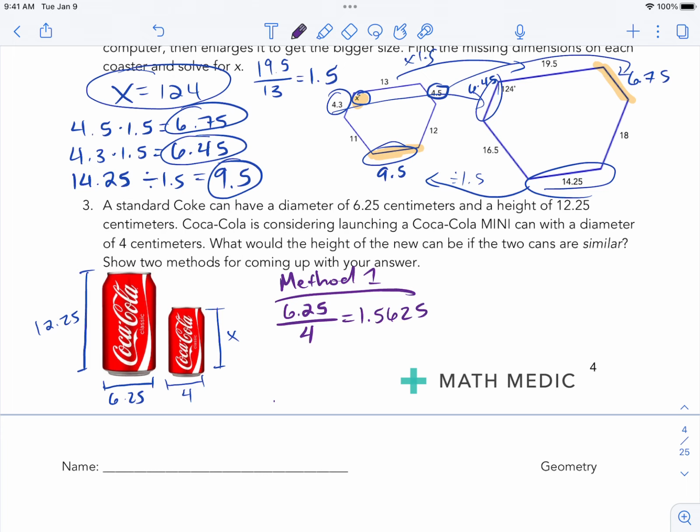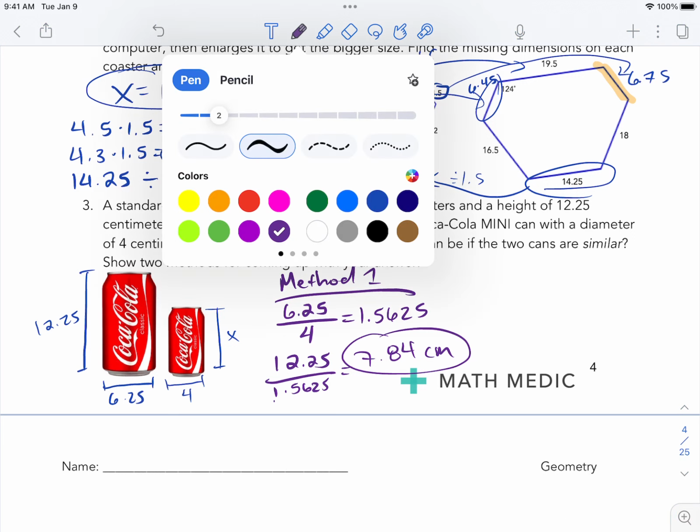And so that's our scale factor for the can. And so what we would just do then is take 12.25 divided by that scale factor, 1.5625, and that gives us 7.84 centimeters. And so that would be the height of the can. So that's one way, is to look at the ratio across the figures.